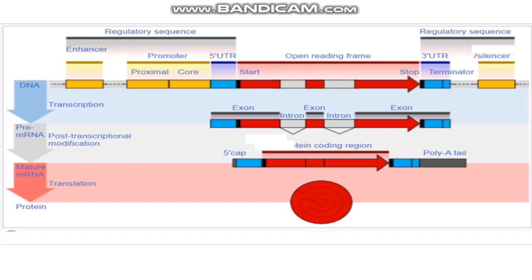While 3' UTR is the part of messenger RNA that immediately follows the translation termination codon. And you can see here the open reading frame, which is the region of the gene between the start and the stop codon, and it is comprised of the exons as well as the introns. Now, when the DNA is transcribed into the pre-messenger RNA, it is comprised of 5' UTR as well as the 3' UTR and the exonic and the intronic regions.